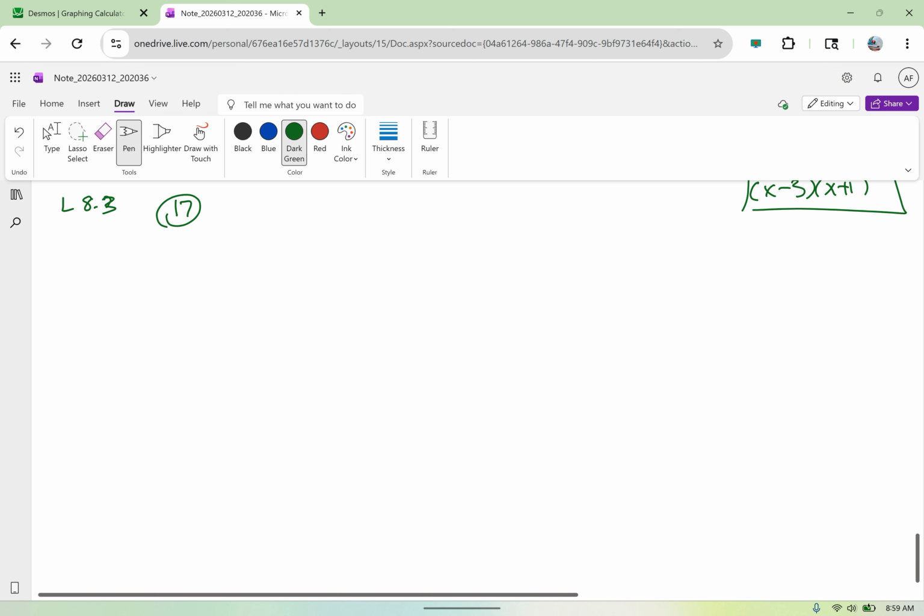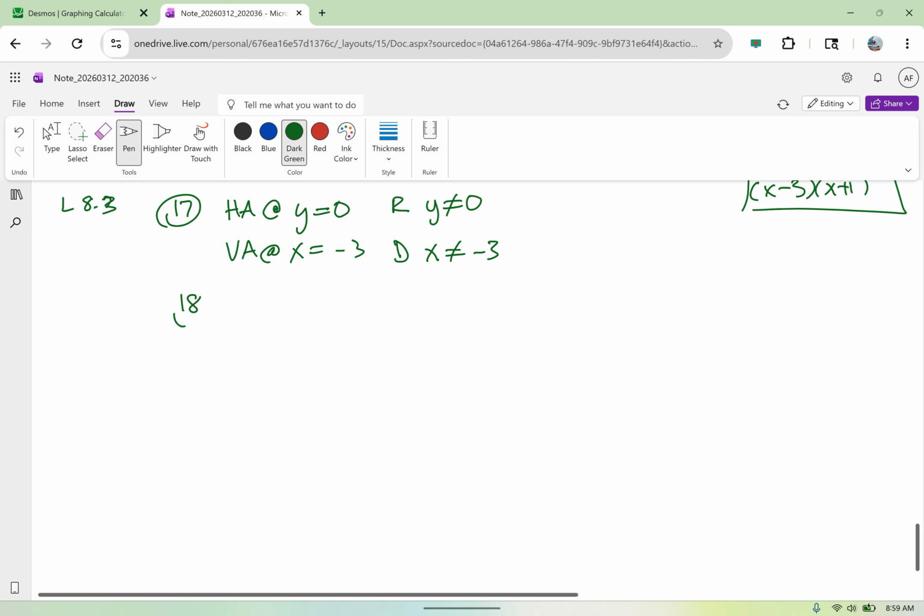So I can see by looking at the graph that my horizontal asymptote is at y equals 0, and that determines my range restriction, which is that y cannot be equal to 0. I can see that my vertical asymptote is going to be at x equals -3, and that determines my domain restriction, which is that x cannot be equal to -3.